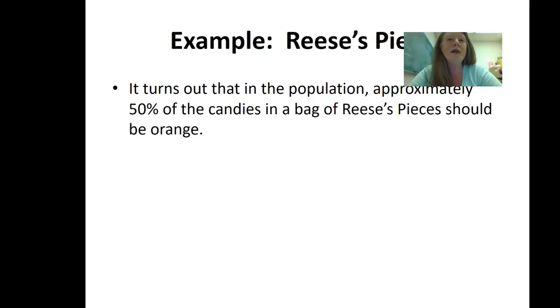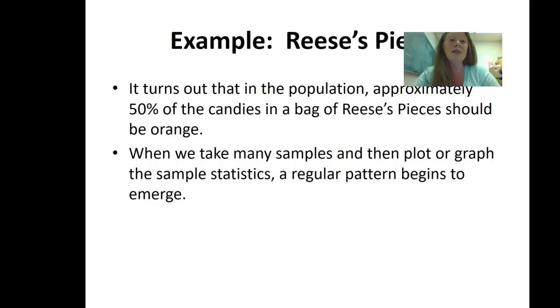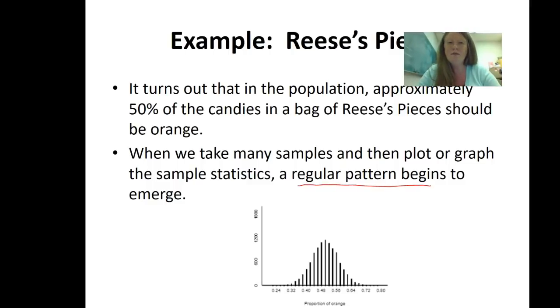And I really hope that you noticed when we were playing with that applet just a little while ago, where we were taking candies out of that big candy machine, the pattern that was starting to emerge when we took each sample proportion and we graphed that. We kept doing that over and over again. Over time, we noticed that a regular pattern started to emerge.